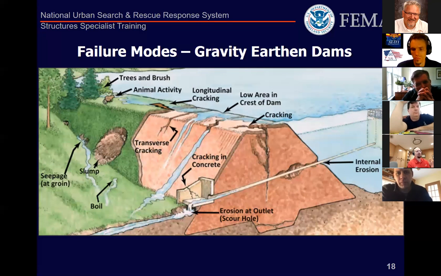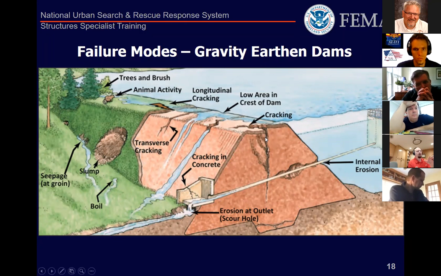The next cracking is transverse cracking, perpendicular to the dam. And then keep circling around with the internal erosion along the conduit. So if a seepage path or water begins to flow along the outside of a conduit, it can carry materials and create a failure mode.